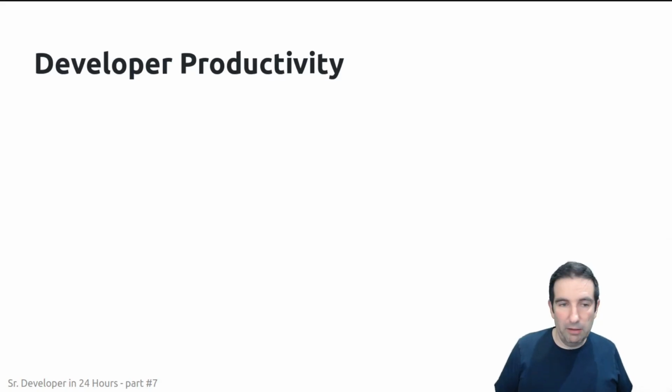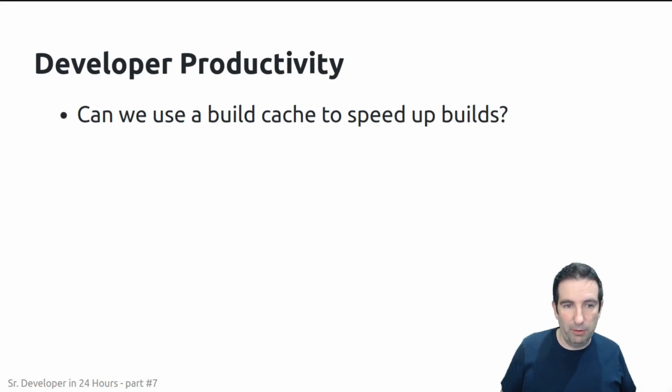There are many other things that we can try to improve as part of the automation of the build. For example, can we use a build cache to speed up the builds?